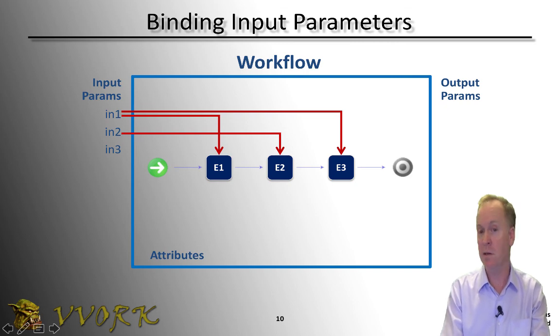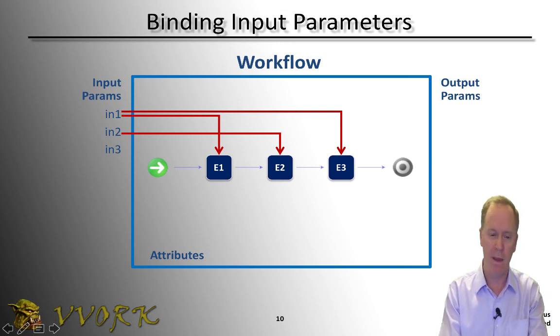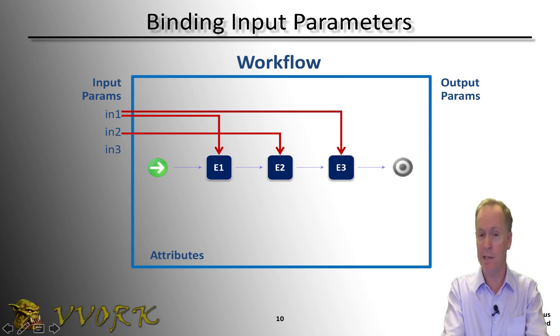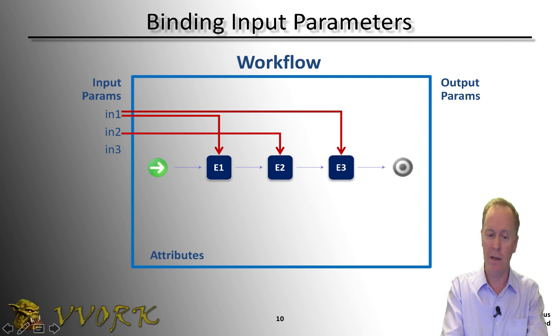So in this case here, in1 is visible in 2 of the schema elements, but not the one in the middle. I get to pick and choose. I get to be explicit. Now there's another thing that's being illustrated on this slide at this point. If you take a look at in3, you'll notice that I've set up no binding between in3, my workflow input parameter, and the schema elements.